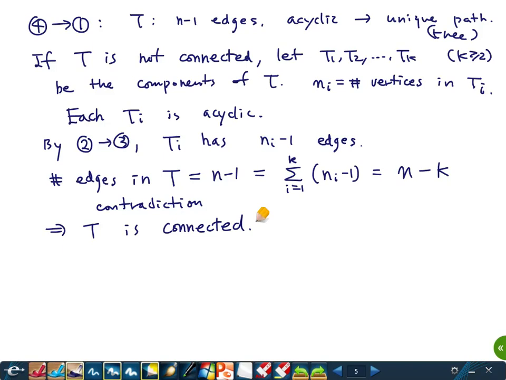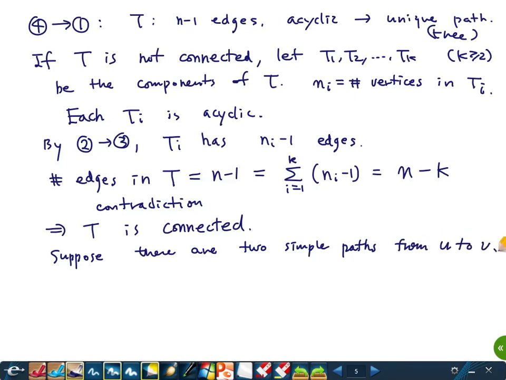Now we need to show that there is a unique simple path, not two different ones. Another proof by contradiction. Suppose that there are two different simple paths from one vertex u to a different vertex v. We will find a contradiction to the assumption.